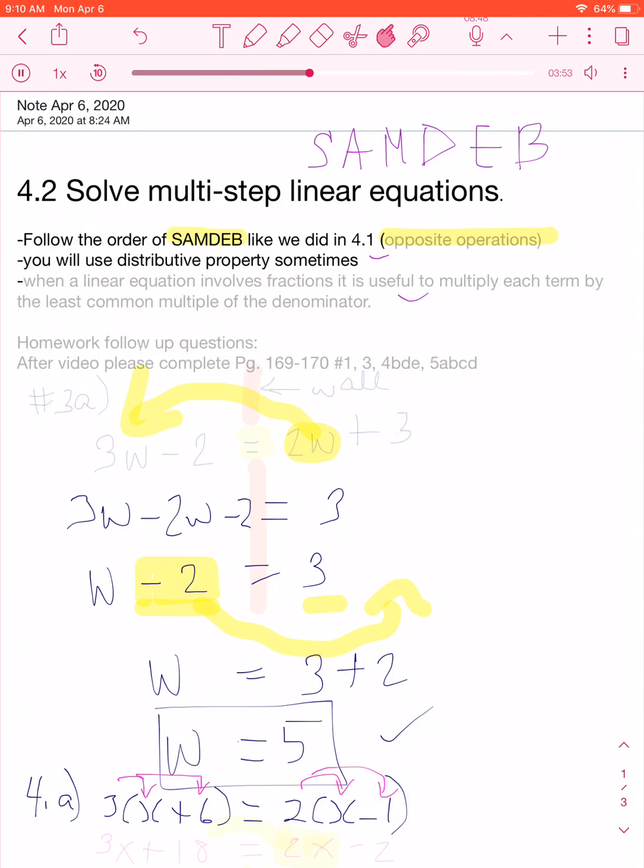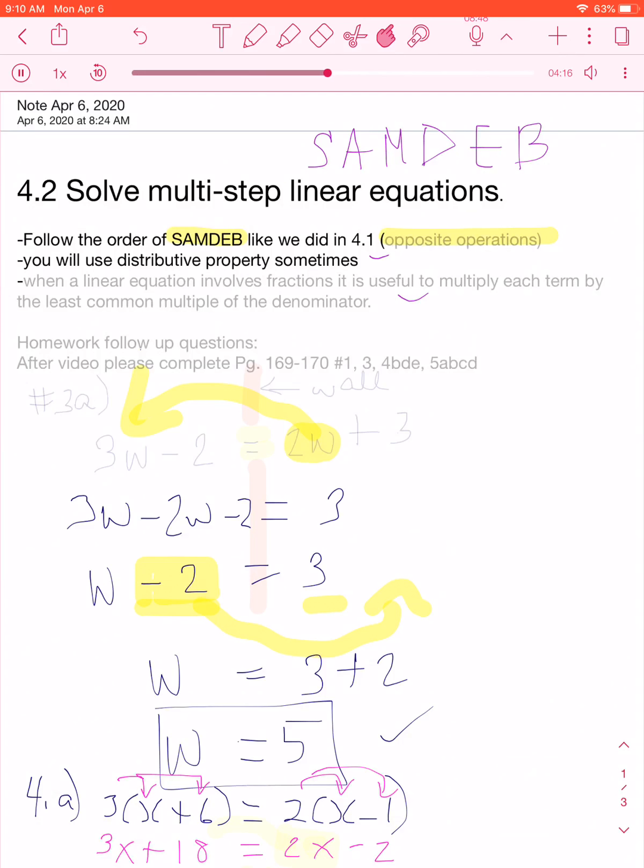What I should have on the left side is 3 times x added to 3 times 6. So I should get in this step 3x plus 18. And on the right side, I should be getting 2 times x, which is 2x, and then 2 times negative 1 becomes negative 2.